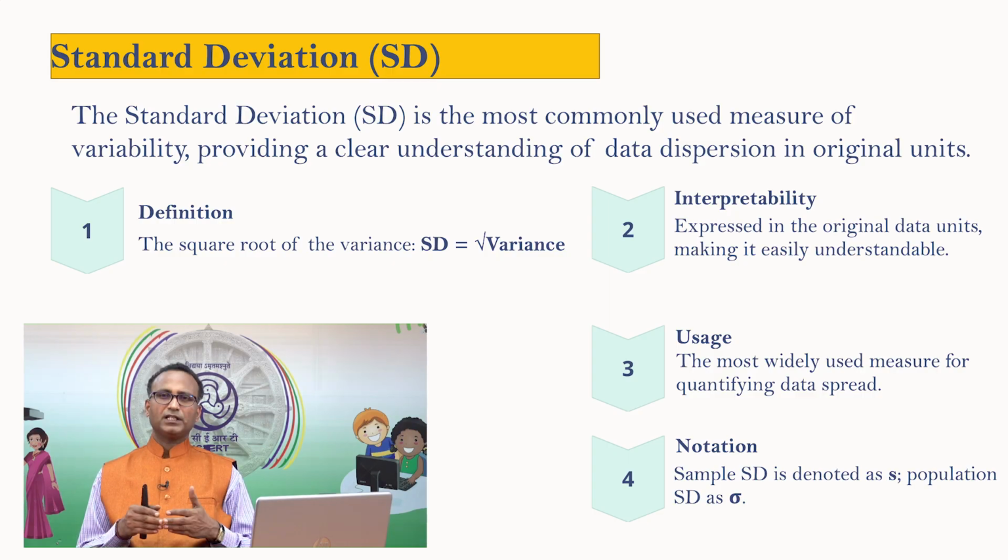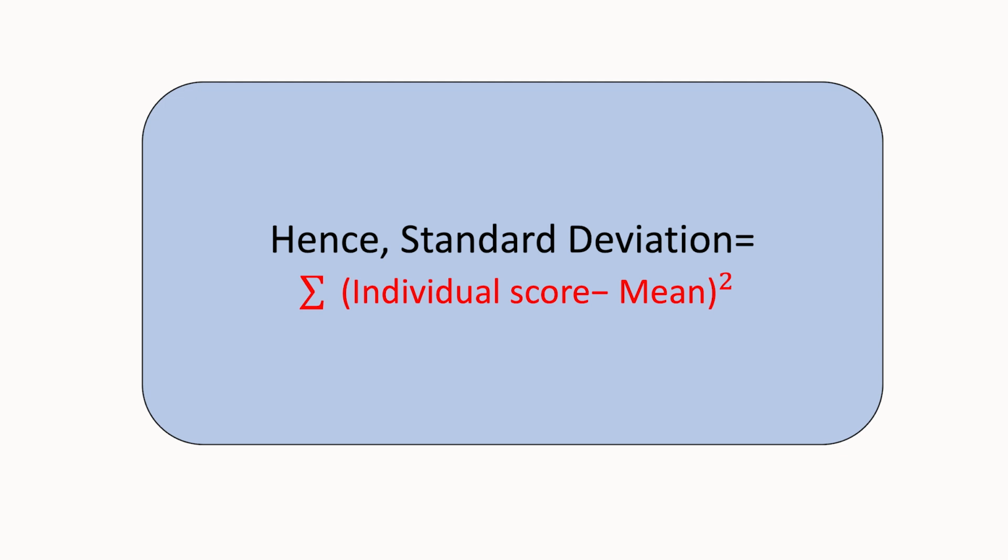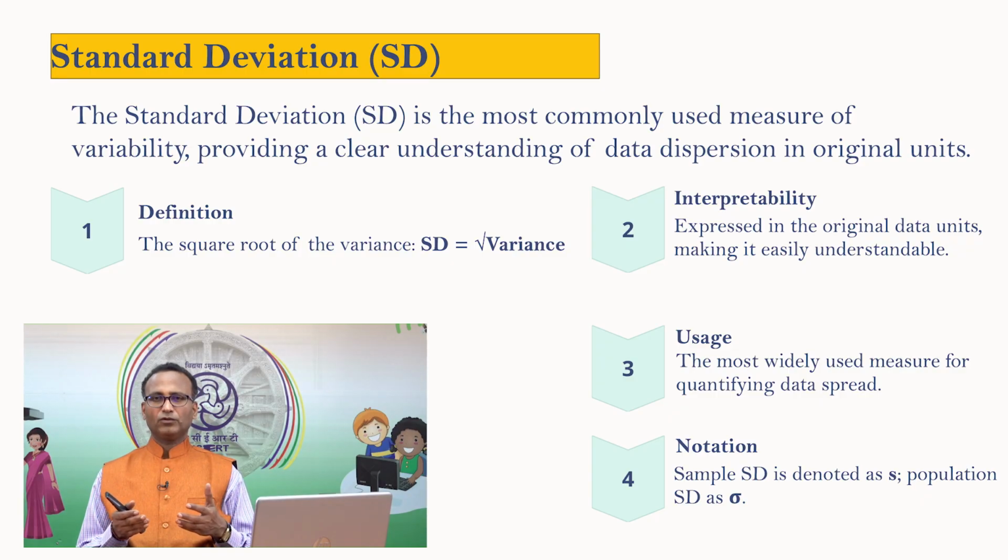It is derived from the variance. The variance is the individual score minus the mean, squared. So the variance is very important to understand the standard deviation. The square root of the variance is known as the standard deviation.